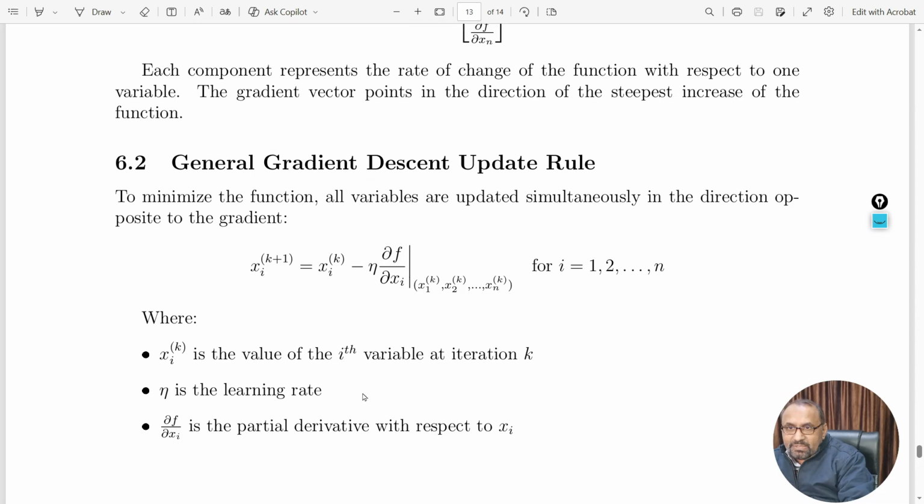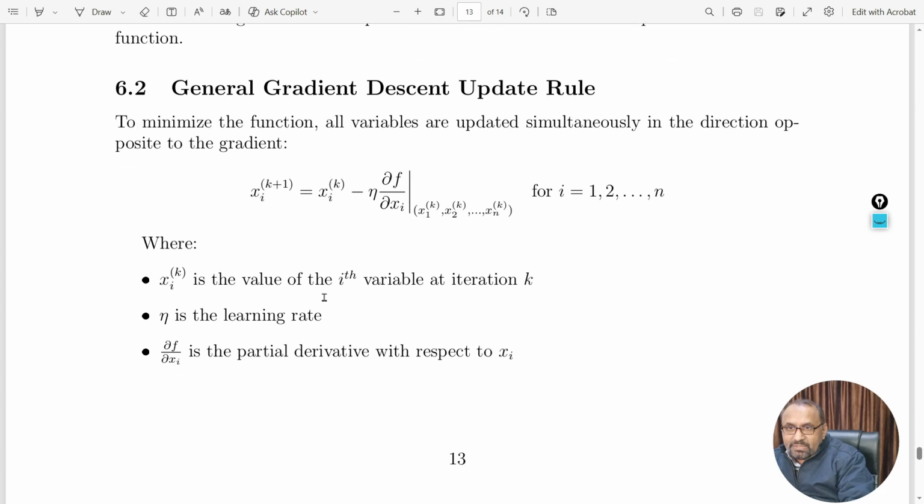Okay, so what is x_i^(k)? It is the value of the ith variable at iteration k, eta is the learning rate, and partial f upon partial x_i is the partial derivative with respect to x_i. So this is the main formula generalizing the above one-dimensional, two-dimensional, and three-dimensional cases, and we can generalize for all the variables when we have a function involving n variables.